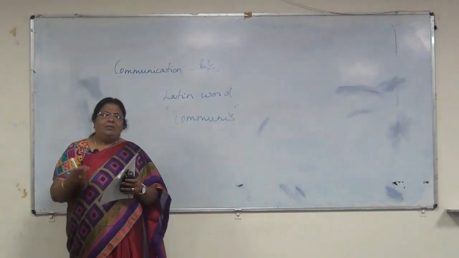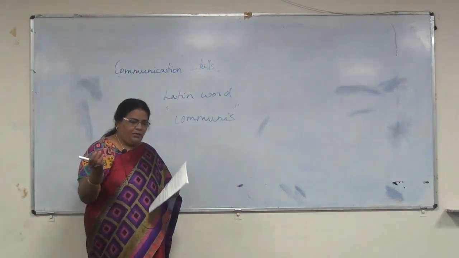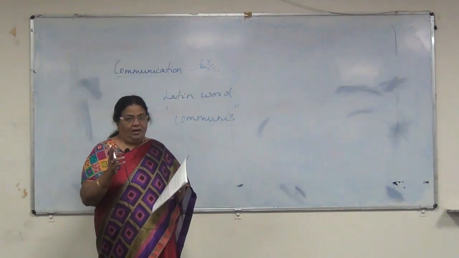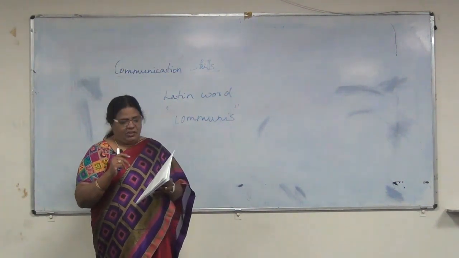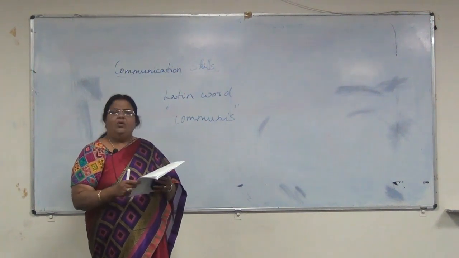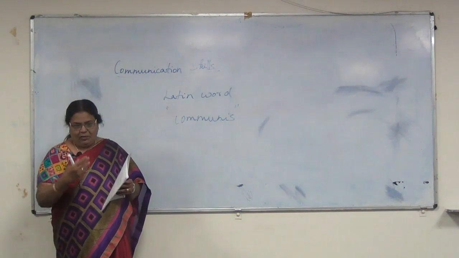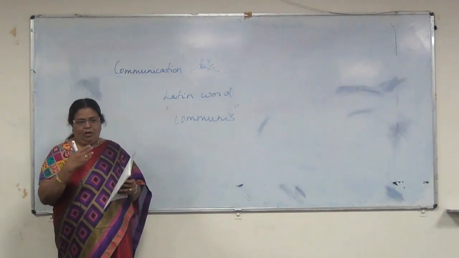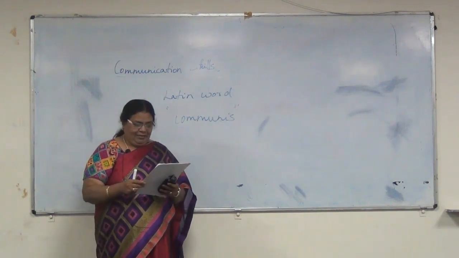So now coming back to the topic, coming back to business, what are the types of communication? There are 3 basic types or methods of communication. The first one being verbal communication. What is verbal communication? It is oral communication, passing on from one person to another person orally.